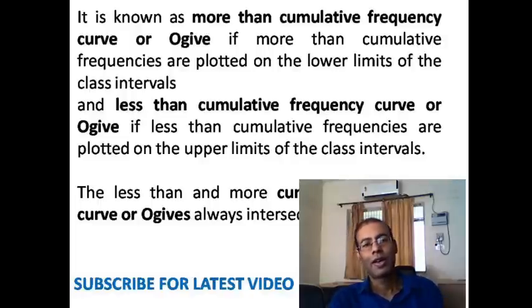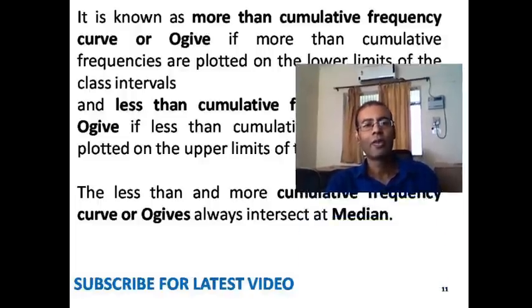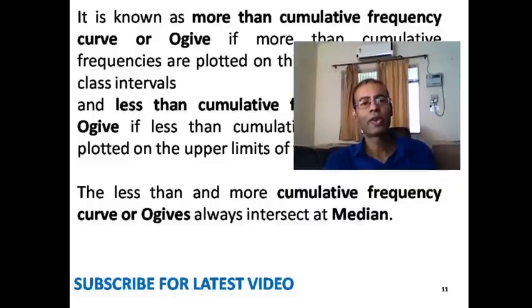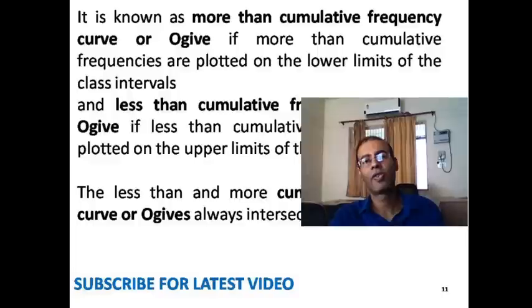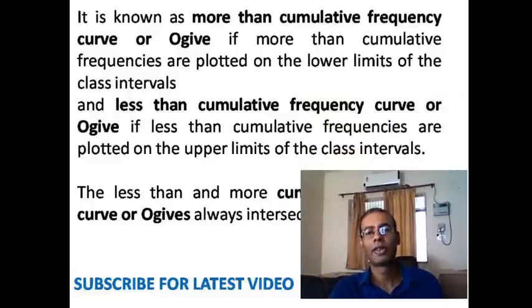The less than and more than cumulative frequency curves or ogives always intersect at the median. So the intersection of the more than and less than cumulative frequency curves gives the value of the median.